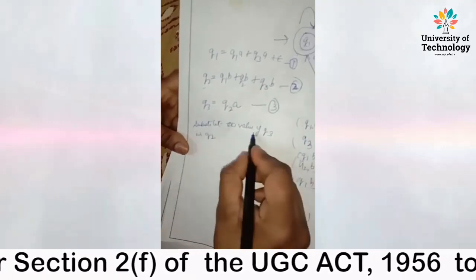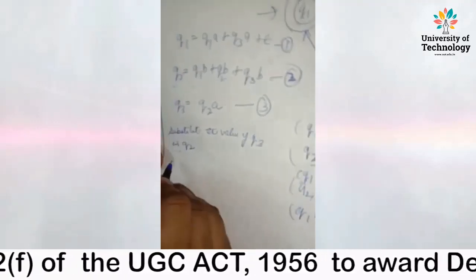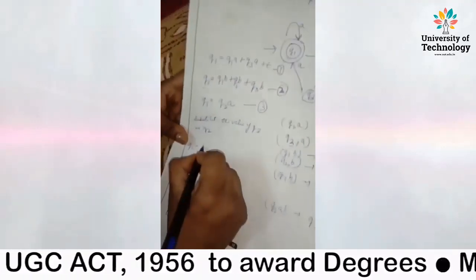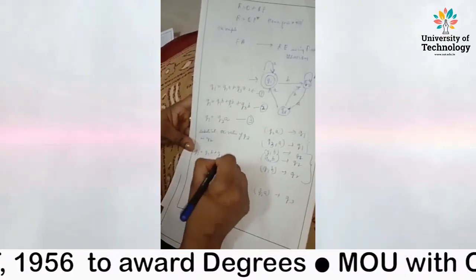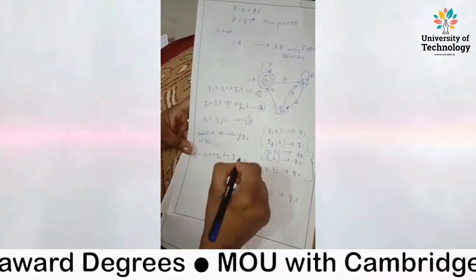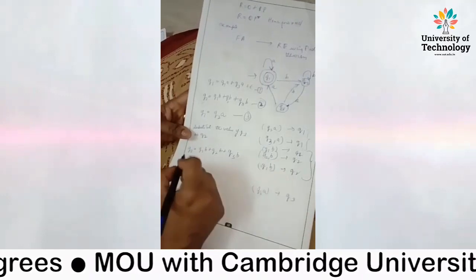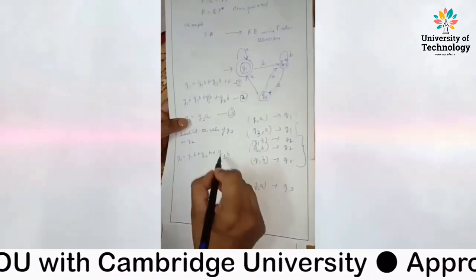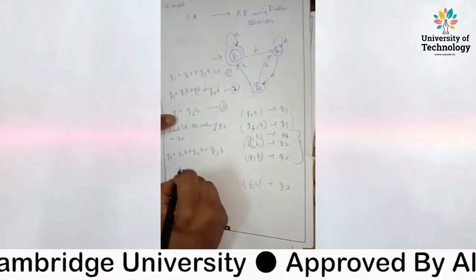Now by substituting the value of Q3 into Q2, what do you get? What is Q2? Q2 is equal to Q1B plus Q2B plus Q3B, right? Now you are substituting the value of Q3 into Q2. So what is the value of Q3?